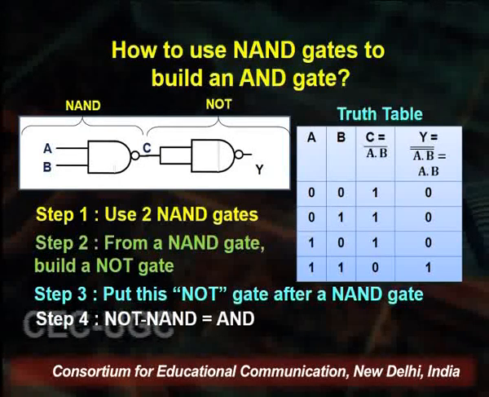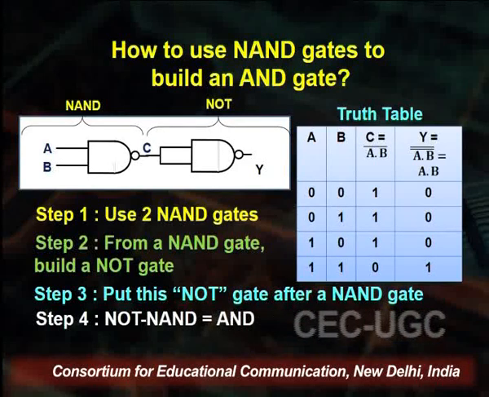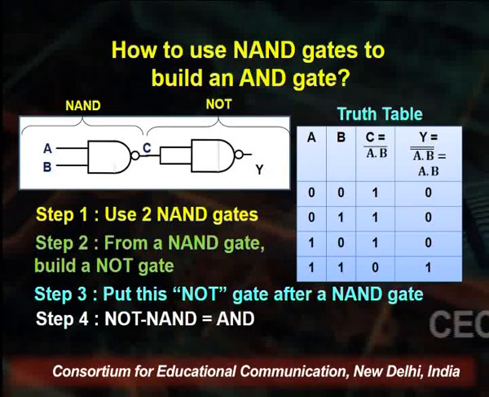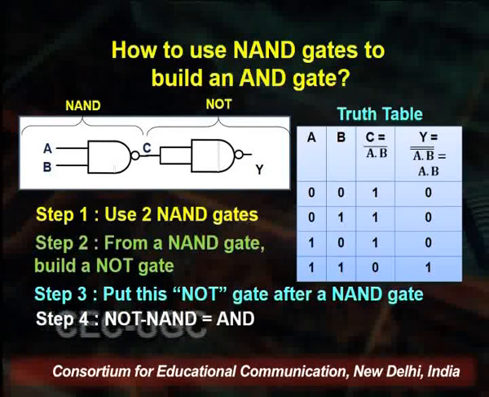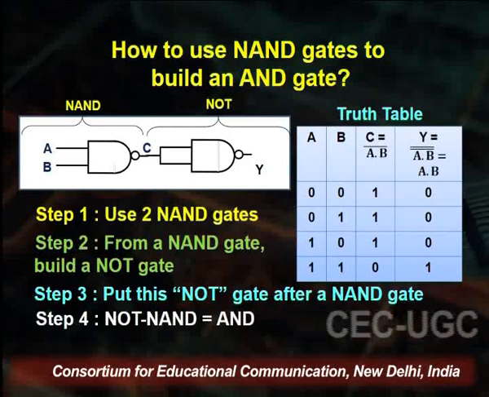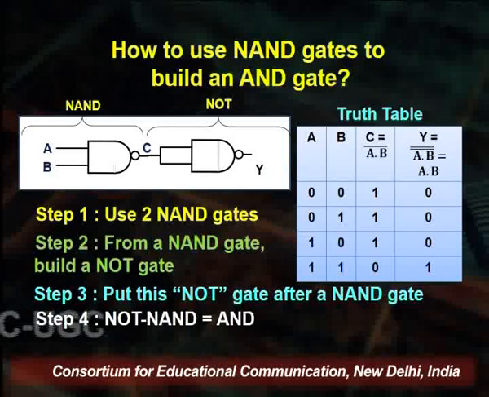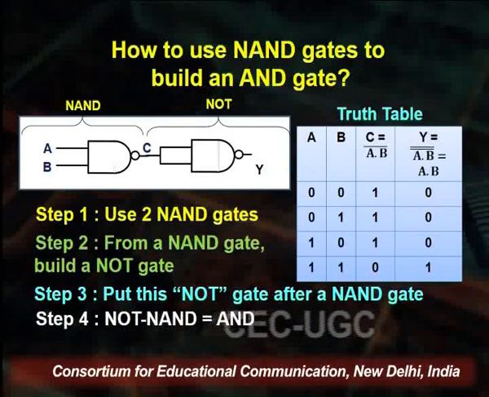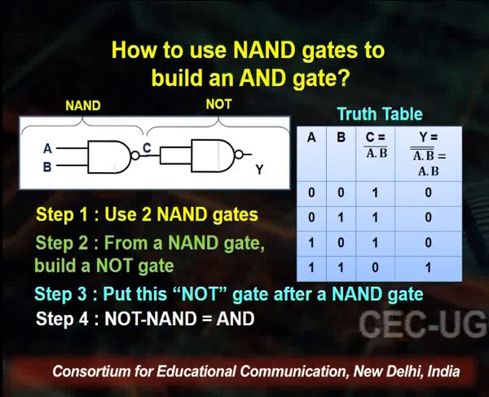So, comparing A, B and the final output Y, we see that for the combination A equal to 0, B equal to 0, we get the output Y as 0. For the input combinations 0 1 and 1 0, we get the Y output of the final gate as 0 and 0.